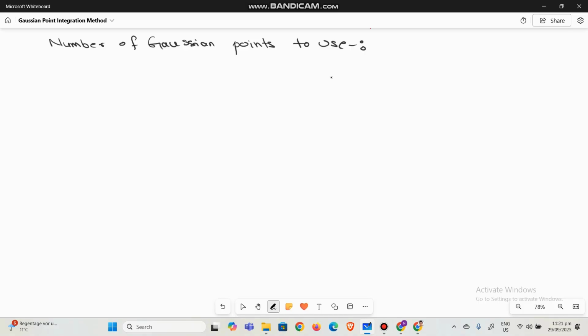So here I'm going to tell one more thing. There is a formula to determine how many Gaussian points you use, and the formula is like this: the degree of polynomial function is less than or equal to 2 ng minus 1, where ng is the number of Gauss points, and the degree of polynomial is just the degree of a certain function.